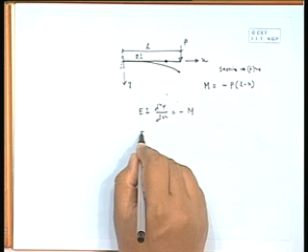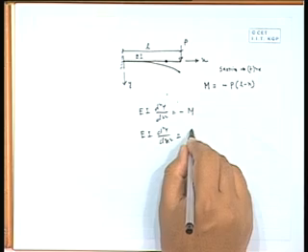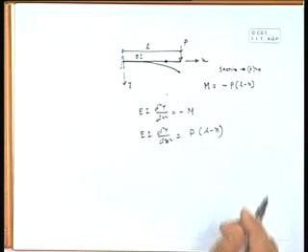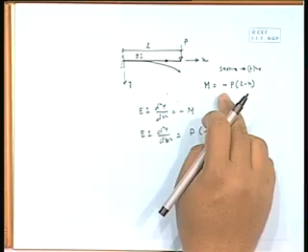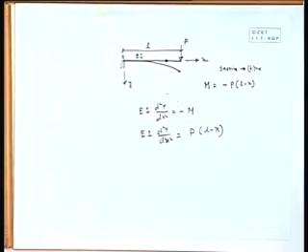Now, if I substitute that value, this will be equal to EI d2y dx square, this minus will become plus, L minus x. We could take hogging as positive. In that case, we could write this as plus, and this also plus. In any case, whether you start with sagging as positive or hogging as positive, this equation will automatically come out to be the same equation. Okay.